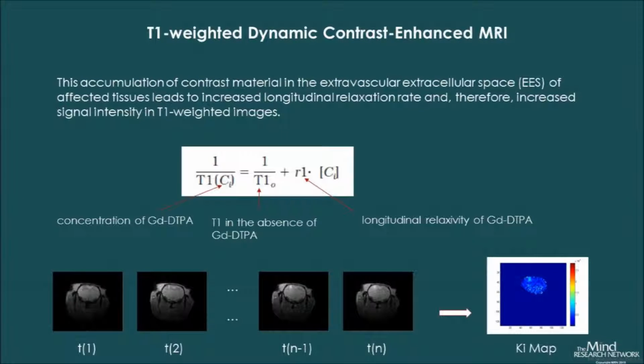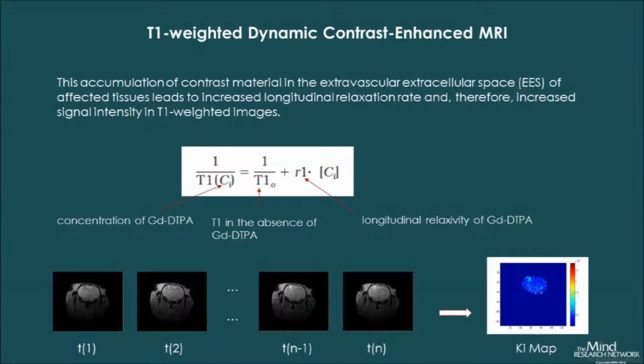The next question is how to use MRI to measure the gadolinium concentration. The theory behind the measurement is that the accumulation of contrast material in the extravascular, extracellular space of the affected tissue leads to an increased longitudinal relaxation rate.